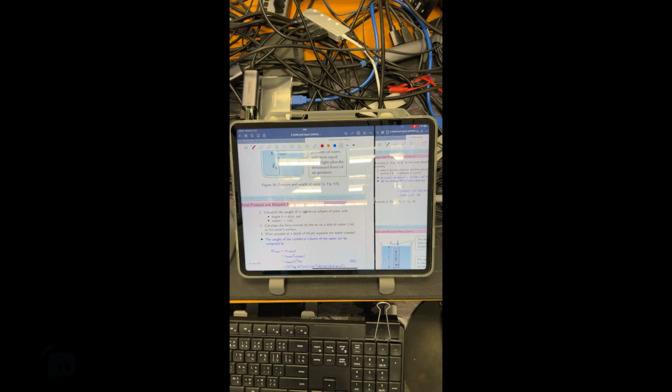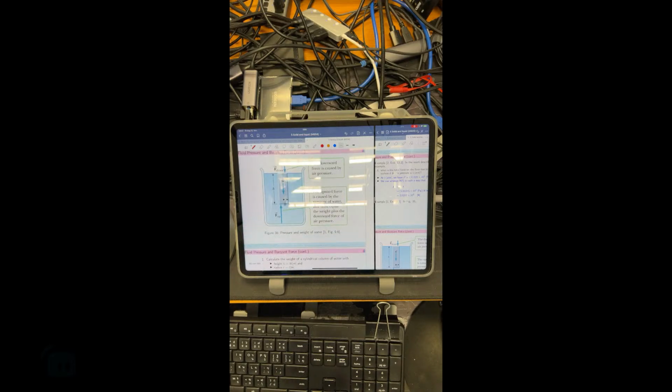Calculate the weight of a cylindrical column of water with a height of 40 meter. The height here is 40 meter, the letter h, and the radius, this is the cross-sectional view of cylinder. The front view of the cylinder, like you cut the Coca-Cola can and you see the rectangle shape like this.